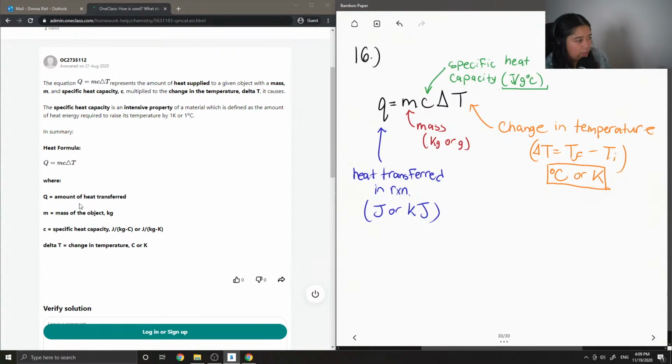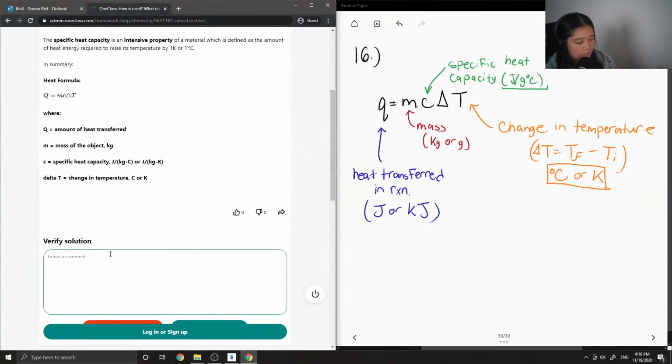Q equals the amount of heat transferred. Mass of the object is M. C is the specific heat capacity. Delta T is the change in temperature. Yep, so this solution is correct.